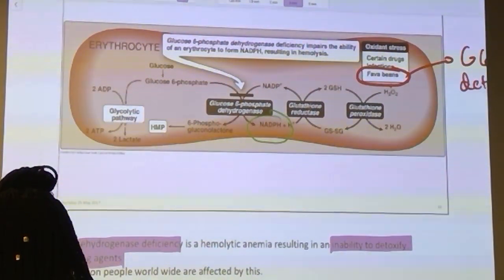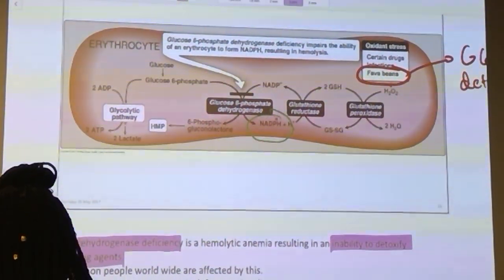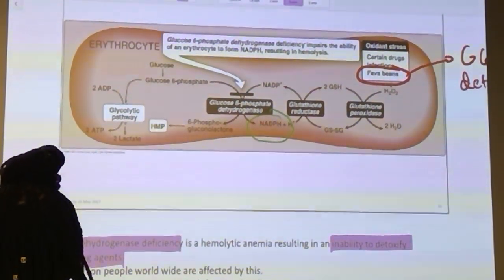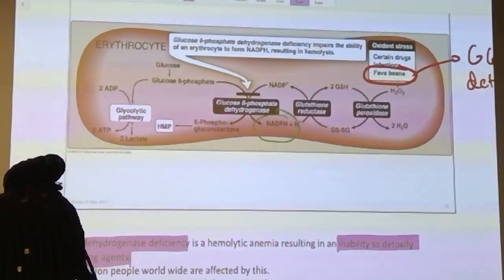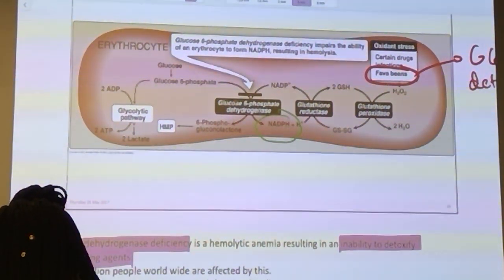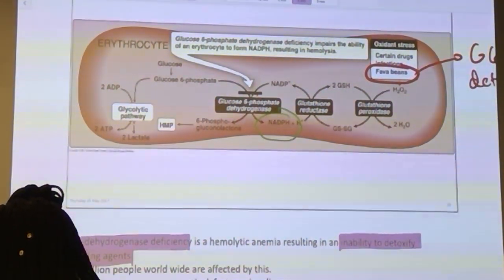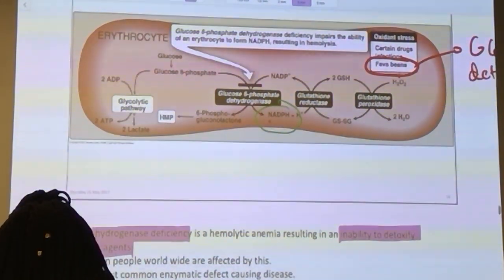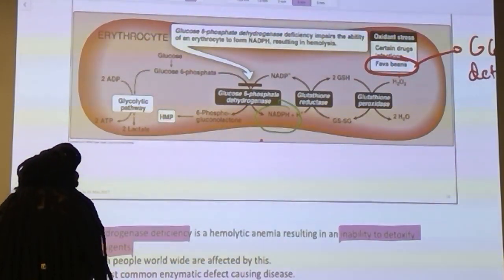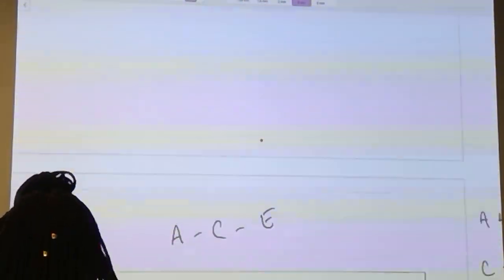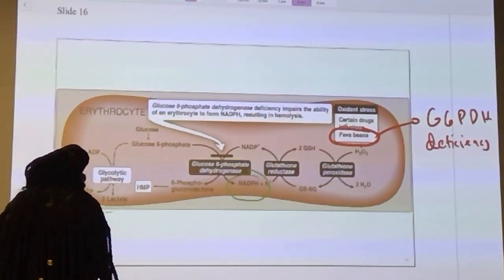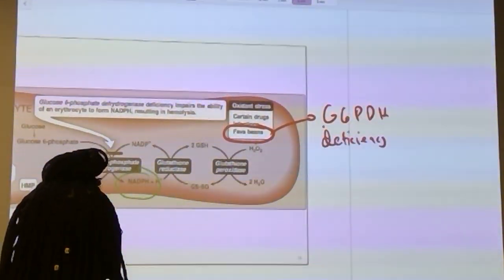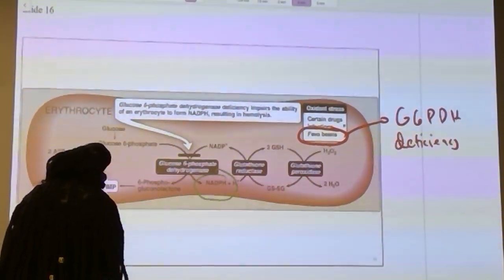To power glutathione reductase, you need high amounts of NADPH, and to make NADPH, the enzyme is glucose 6-phosphate dehydrogenase. And this is your HMP pathway. Any questions about this? And if you ever see fava beans, the answer is going to be glucose 6-phosphate dehydrogenase deficiency. Not for this meeting, but if you ever see fava beans.